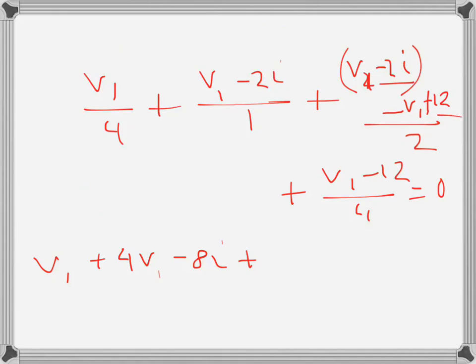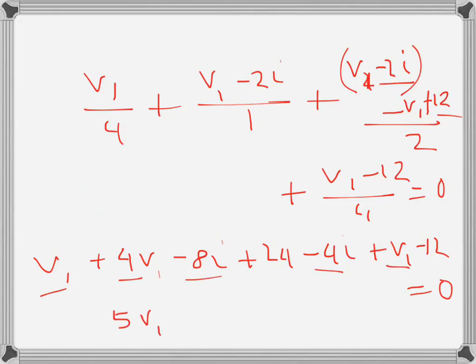When multiplied by 2 it will become plus 24 minus 4i, and then this is V1 minus 12 equal to 0. So we now have V1, V1 and V1 here, so 5V1 minus 12i is equal to, on the right hand side, when it goes to the other side it becomes negative. That's what I have as equation 1.